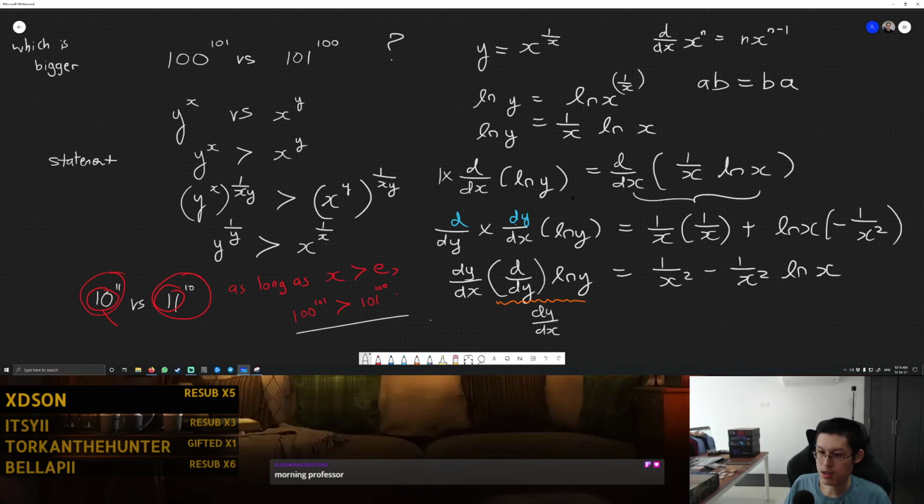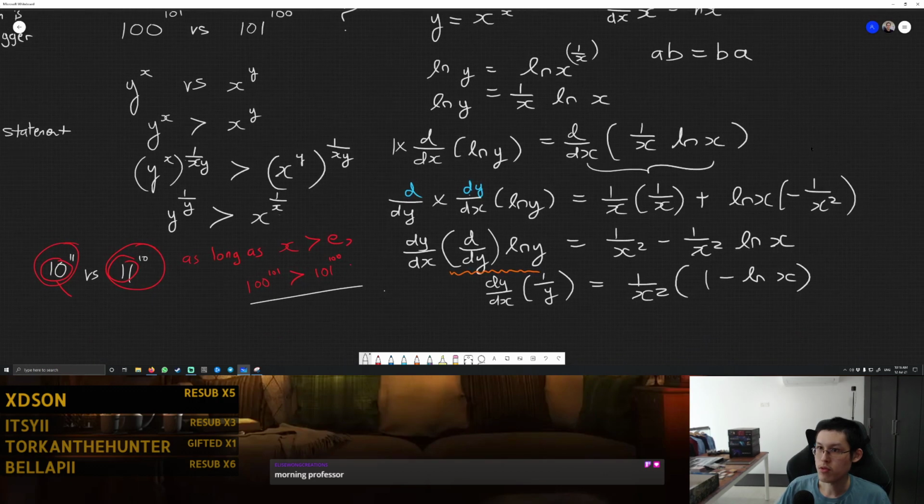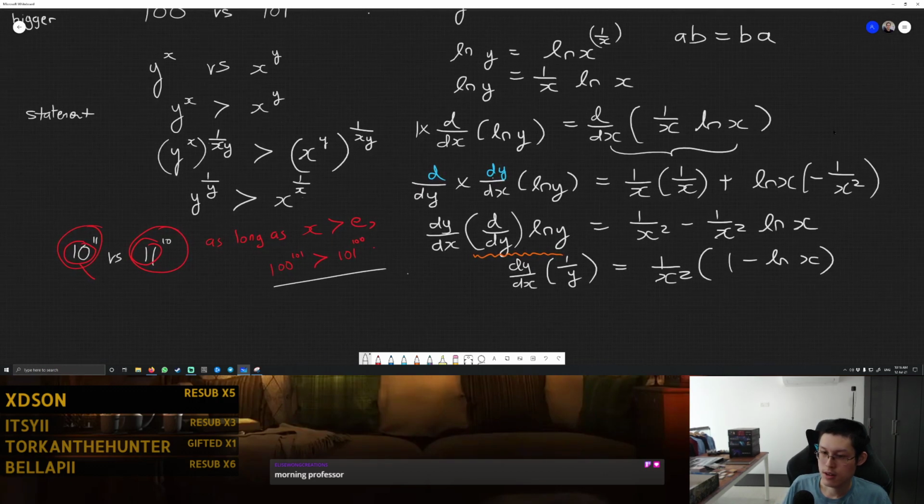So dy/dx times 1 over y equals 1 over x squared. I'm going to factorize this out, so I get 1 minus ln x. And then we're just going to move this down a little. So dy/dx is going to be equal to y over x squared, times 1 minus ln x. And there we go.